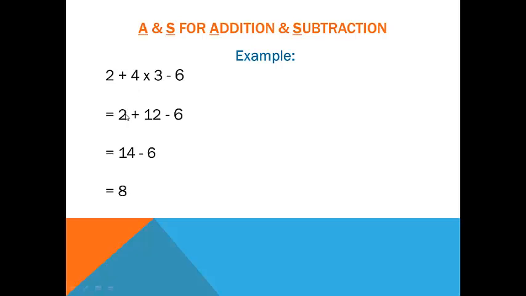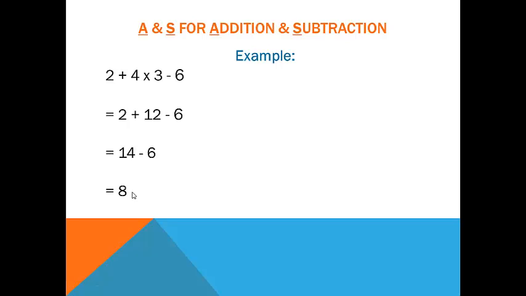So it's 2 plus 12 now, minus 6. And now I'm just going to do from left to right. It doesn't really matter, it goes together. So I'm going to do 2 plus 12 is 14, and then I'm going to do the subtraction of the 6. So that's 8. So now we've covered all of the basics for what BEDMAS stands for and the order of operations.